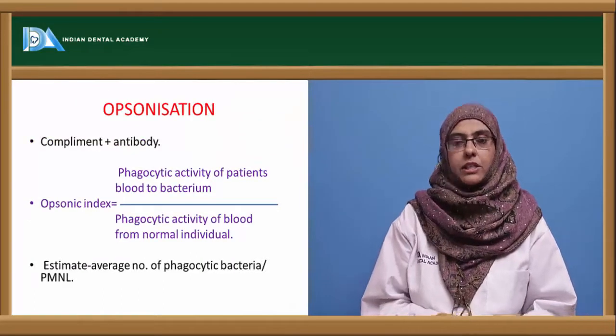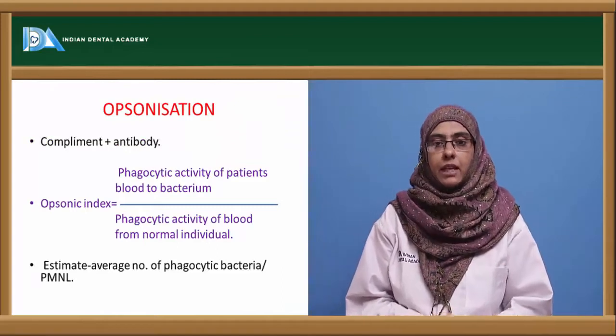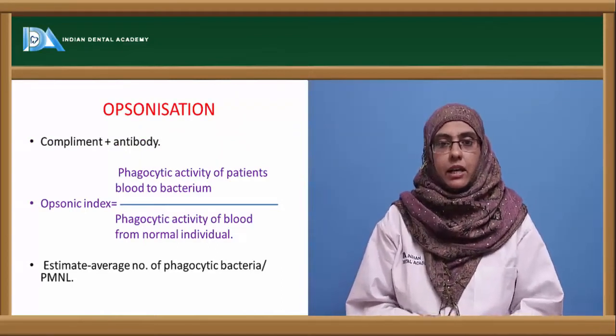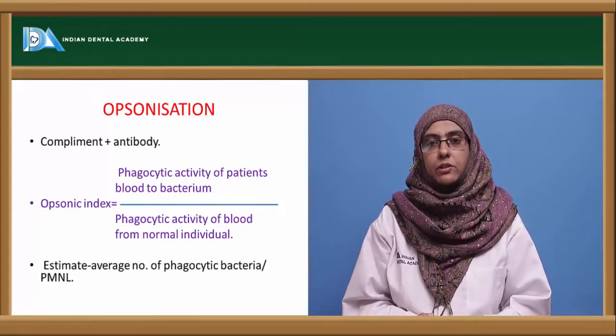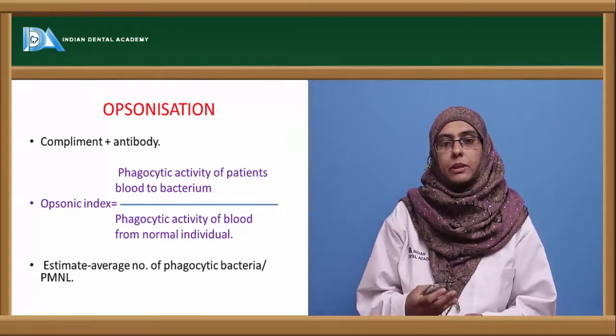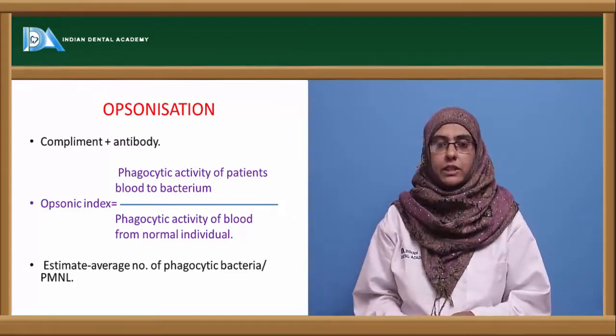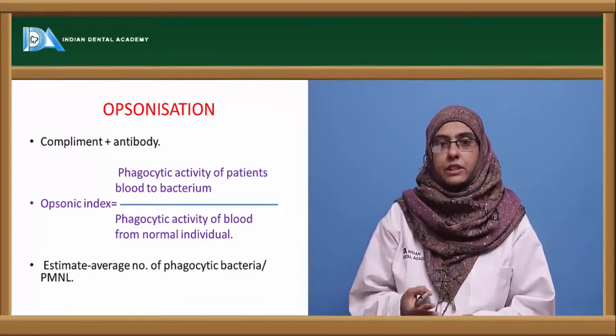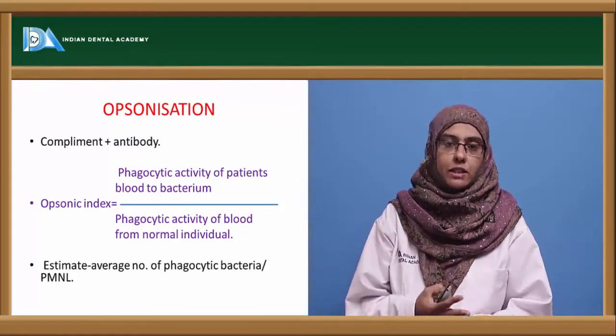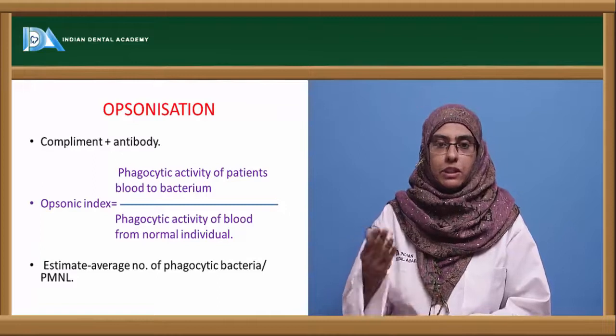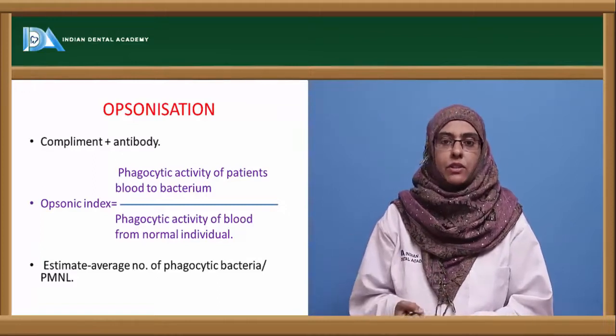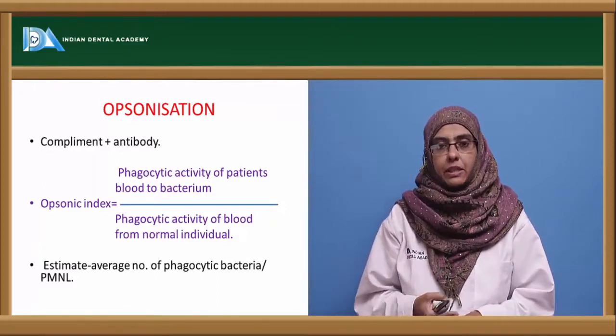Next is opsonization. Opsonization is nothing but enhanced phagocytosis, and this is related to organisms that are usually engulfed by the polymorphonuclear leukocytes, where these macrophages or neutrophils engulf the organism, process it and present it to the T cells, and help in the elicitation of the humoral or the cell mediated immune response.